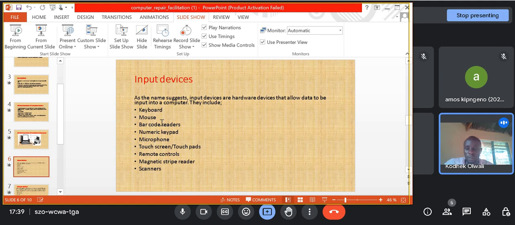For example, we have the keyboard, the mouse, barcode readers, the numeric keypad, the microphone, touch screens or touch pads, remote controls, magnetic stripe readers, and scanners. This is just a small list that I've listed. The list is endless. Maybe any one of you has another example to add to what we have?